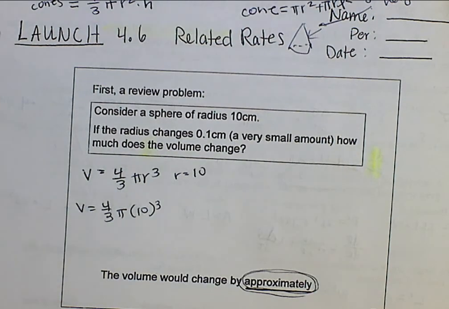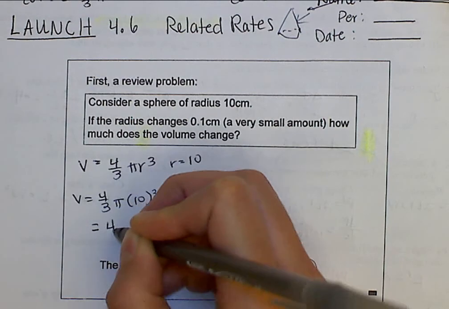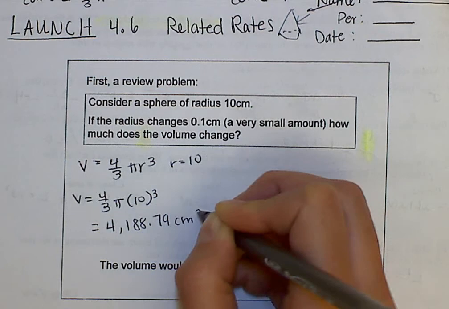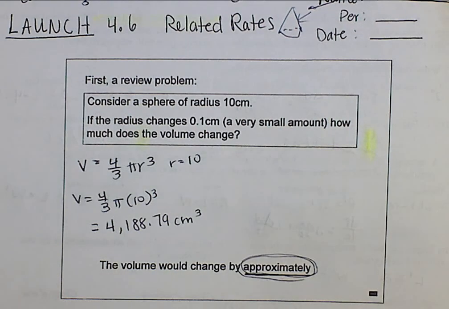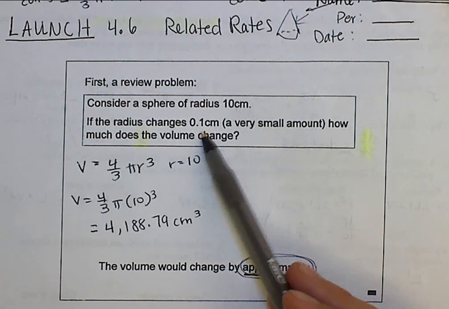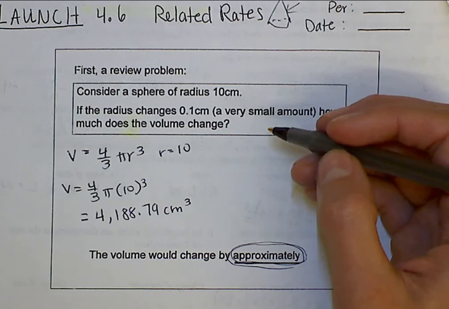If we plug this in our calculators, we would get 4,188.79 centimeters cubed. So that's the volume when the radius equals 10. And it wants us to figure out, if the radius changes by 0.1, how much does the volume change?